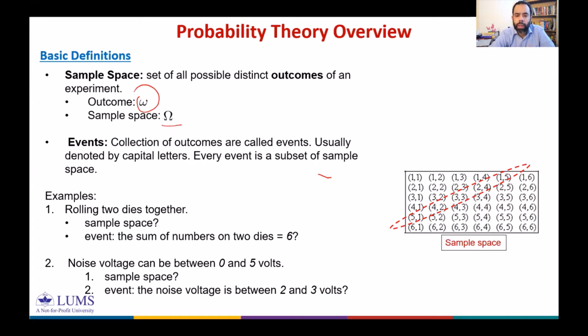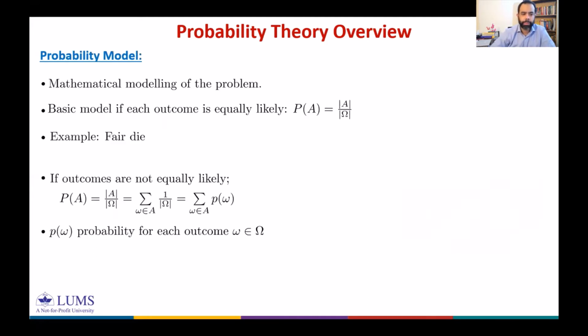So in this case, the probability of this event would be equal to 5 divided by 36, the cardinality of the sample space. If you have a fair die, each outcome is equally likely. In such a case, the probability of having a 1 or 2 or 3, we have mutually exclusive events, that is 1 or 6.